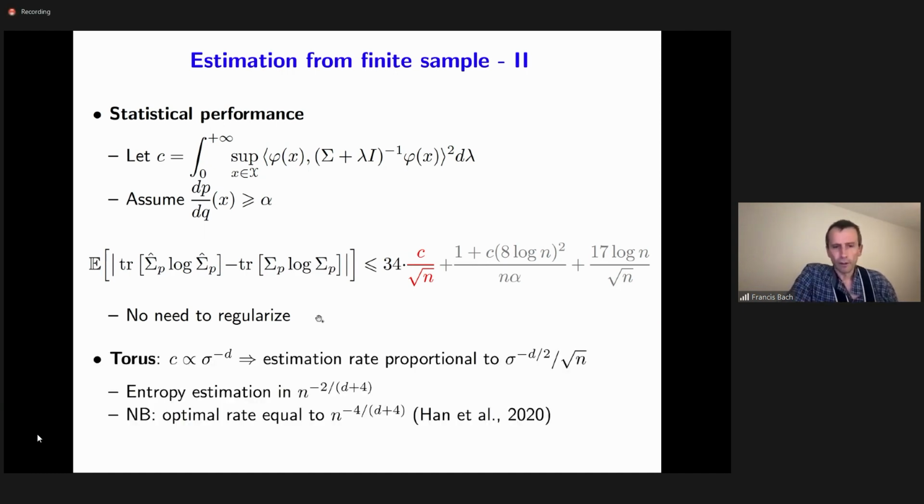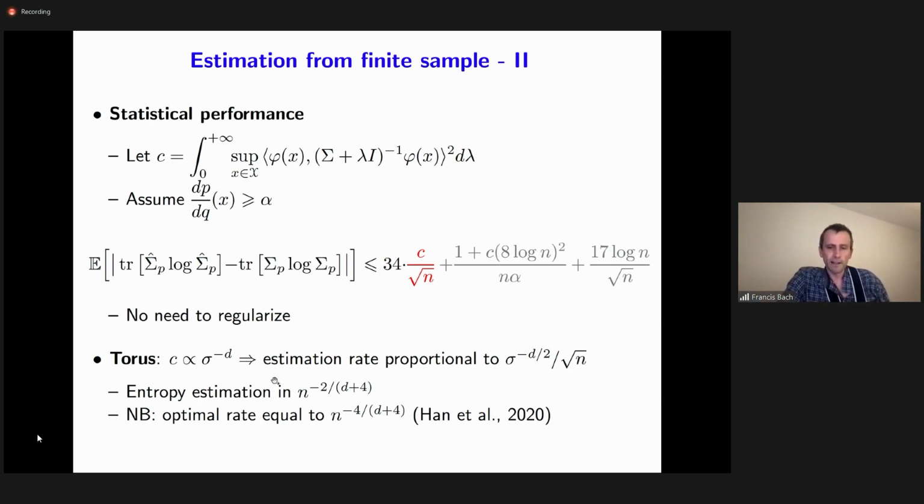So let's look at the torus, just to make things a bit concrete for that particular example. Then you can compute C, and C is of the order sigma to the minus d. So now you pay a price for sigma. Remember that if you want to approximate the true relative entropy, you need sigma to go to 0, so C will explode.